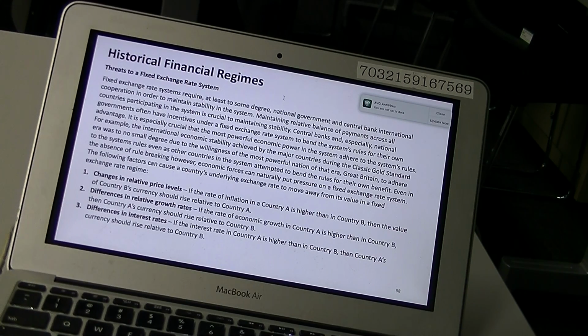And if the currency rates are fixed, but I can get a higher return, I'll just go to that country, buy that country's currency, and get a higher fixed return on my investment. But that puts pressure on the system, because it increases the demand for that currency.